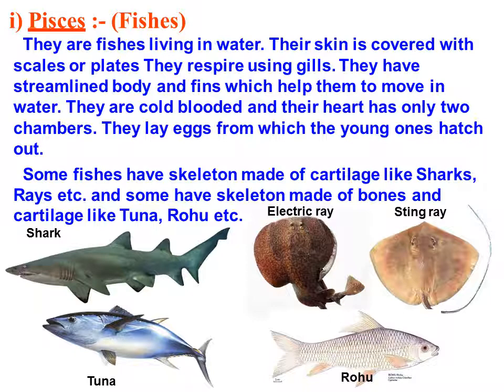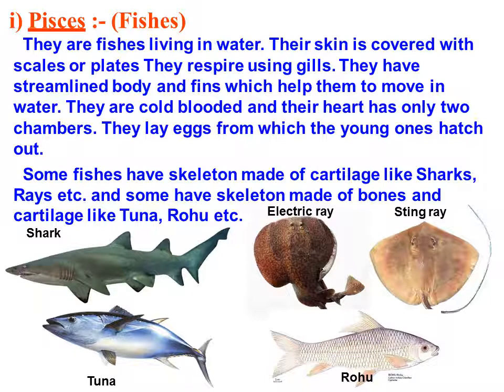We can regulate our body temperature, but it is not in the case of fishes. If they feel cold, they have to move towards warmer places, and if they feel hot, they have to move to the colder place. And we have a 4-chambered heart, but fishes have only a 2-chambered heart.